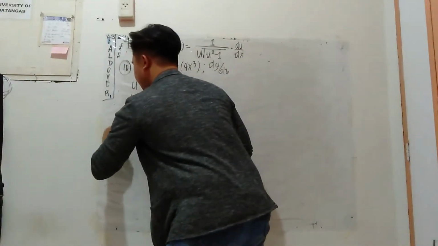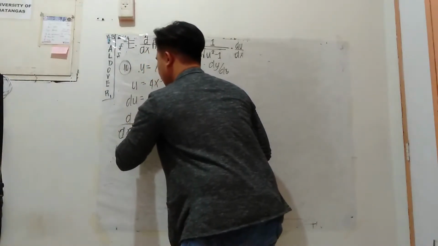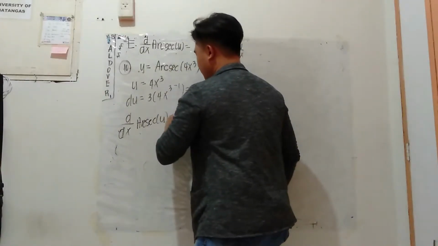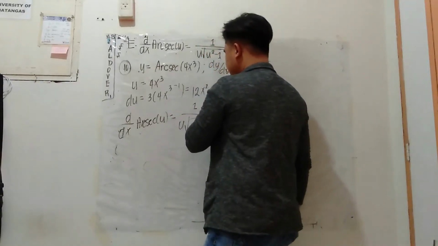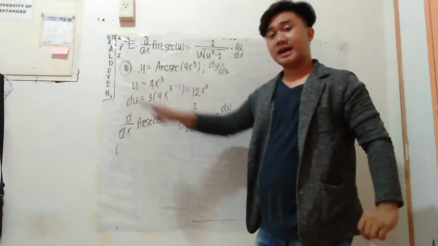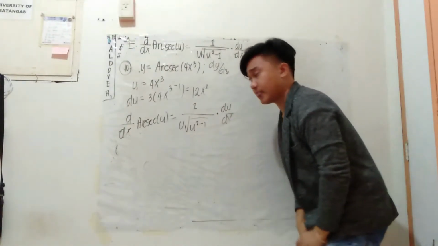So, derivative of arc secant u is equal to 1 all over u square root of u squared minus 1 times du dx. We already have u, we already have du. So, let's substitute now.